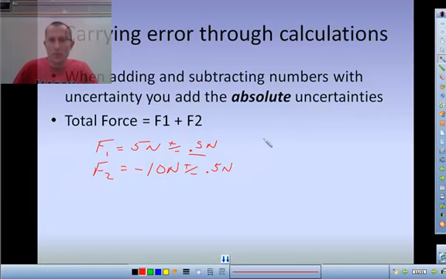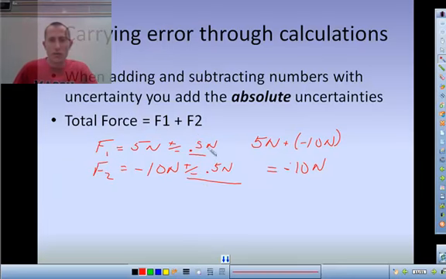So we plug these into our equation, and we're going to get 5 newtons plus negative 10 newtons, which we know is negative 5 newtons. But we then also have to add our uncertainties.